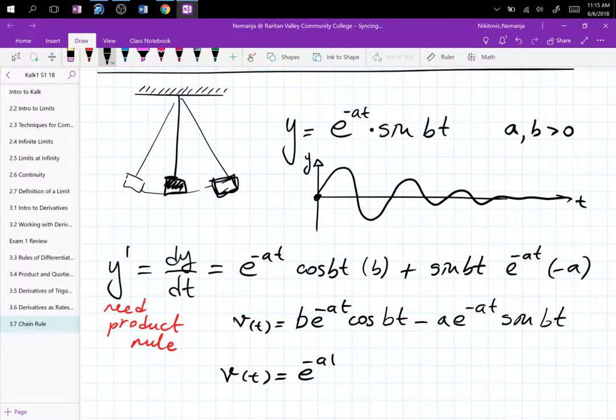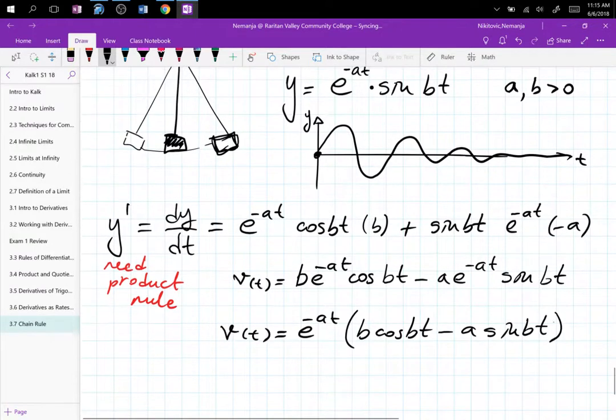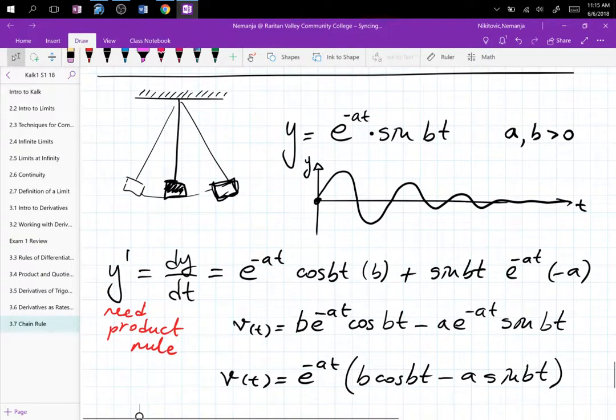E to the negative at is common, and in parentheses we have b cosine bt minus a sine bt. And with this formula, you will observe, again, in differential equations and physics, the period of how fast, what is the time that it goes, and that would be giving you b.